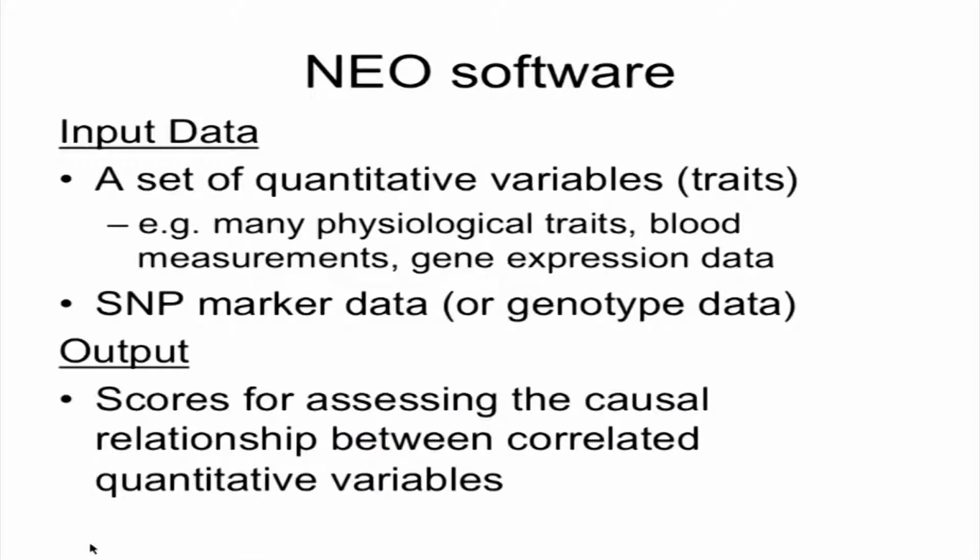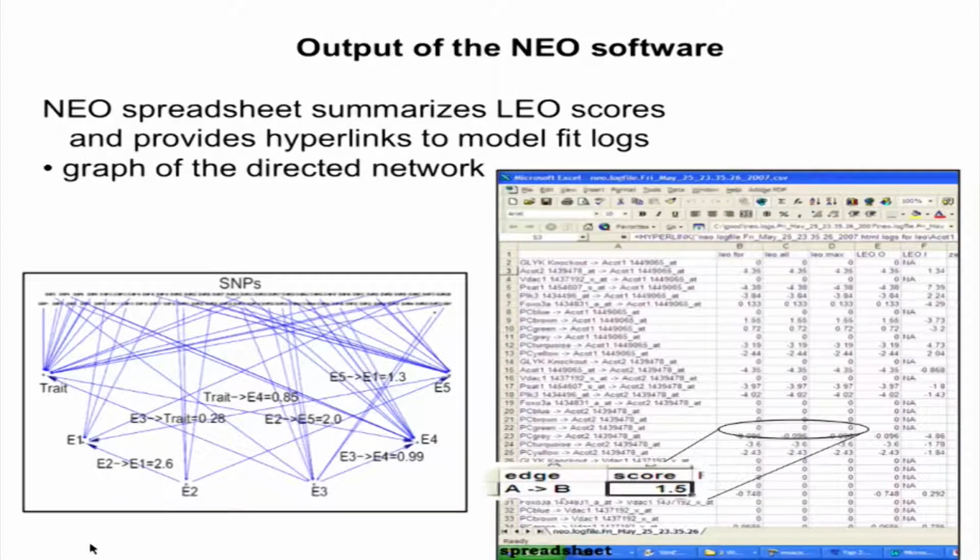Now, the NEO software takes as input a number of quantitative variables. It could be physiologic traits, could be gene expression data, and it takes as input genetic marker data. And then it outputs these Leo scores for edges. There is software on our web page which you could try to learn.